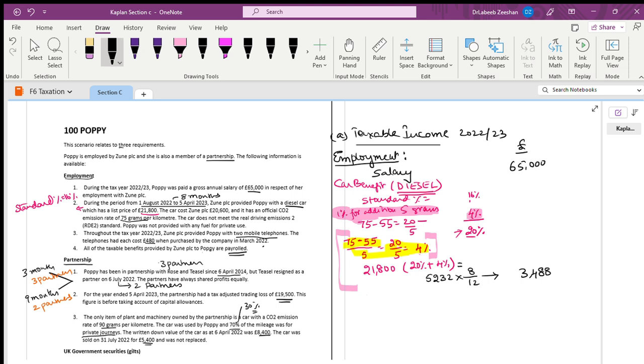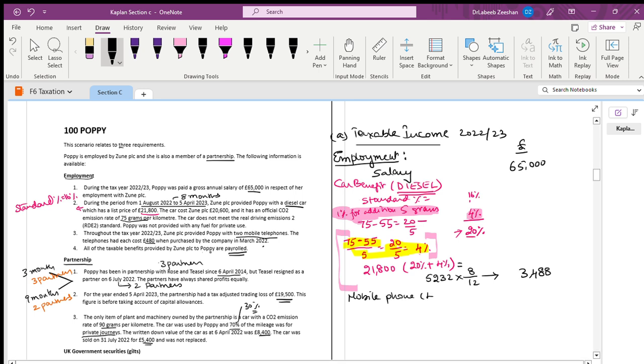Is it always like this? Yes, always like this. It is there in the text. It's only one. If it is two or three, it doesn't make any difference. Mobile phone.